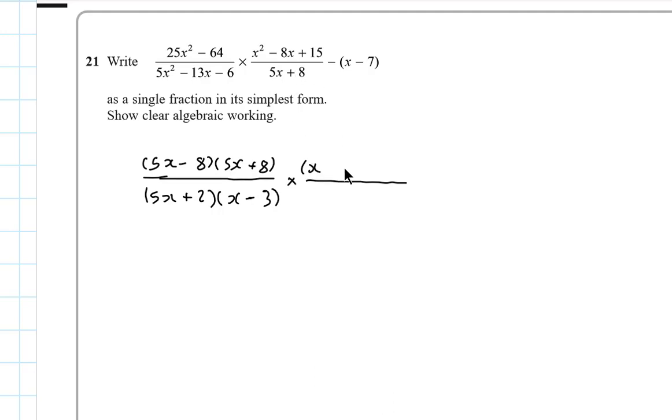Here it will be easy, x and x, 15 and negative 8, so negative 3 and negative 5. Here it will be 5x plus 8 as it is, and then minus x minus 7.